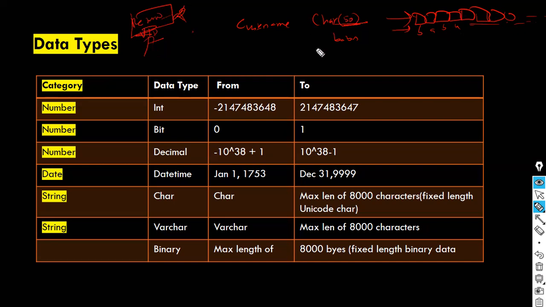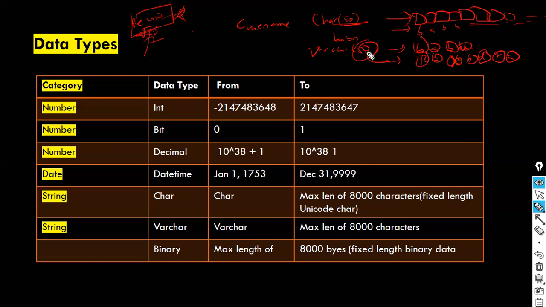But the advantage of varchar 50 is this. If the person's name is Babu, it requires only 4 bytes. Even though you have mentioned 50, based on the length of the customer name, it will allocate the memory. You have another person whose name is Rajendra, which is 1, 2, 3, 4, 5, 6, 7, 8 letters only.